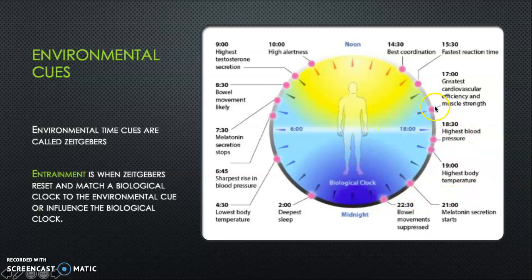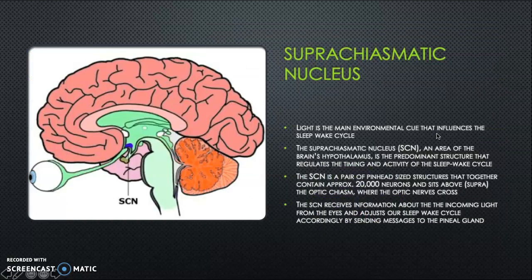So that influencing our biological clock is called entrainment. Now, the main environmental cue is light. And you may have heard this before because you may be told that you need to put your phone down at night time so you can get some sleep. So light is the main environmental cue that influences the sleep-wake cycle.